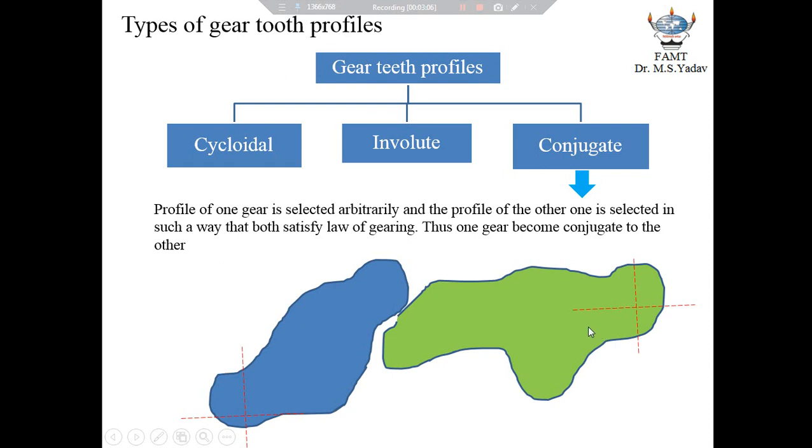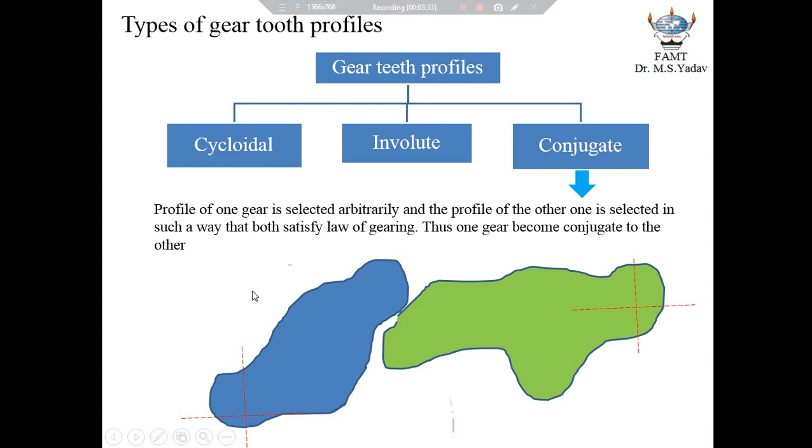Profile of this gear will be selected randomly and the profile of the other one will be chosen in such a way that both will satisfy the law of gearing, which states that in order to have constant angular velocity ratio, the common normal drawn at the point of contact must always pass through the pitch point.